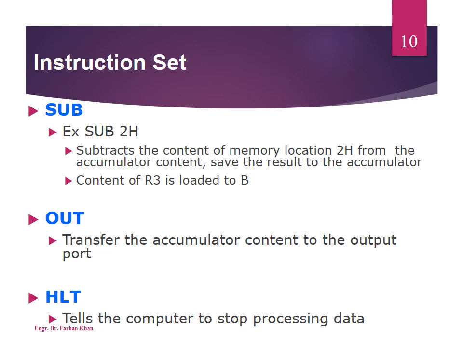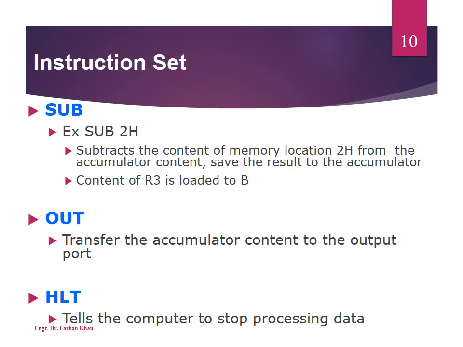For example, SUB 2H would subtract the contents of memory location 2 of the RAM from the accumulator content and save the result to the accumulator. For that to work, the contents of memory location 2 is first loaded to register B.